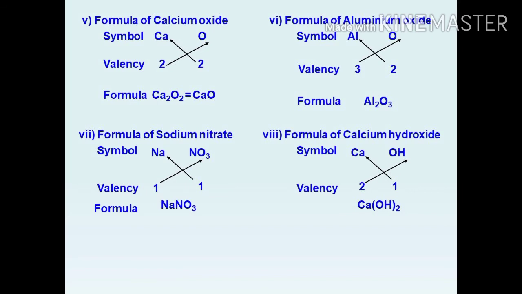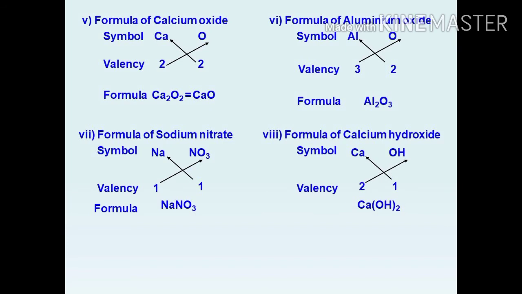So what is the chemical formula? Ca2O2, using the crisscross method. Formula of aluminum oxide, symbol AlO. Valency 3 and 2. The valency of aluminum is 3, oxygen is 2. So the formula is Al2O3.